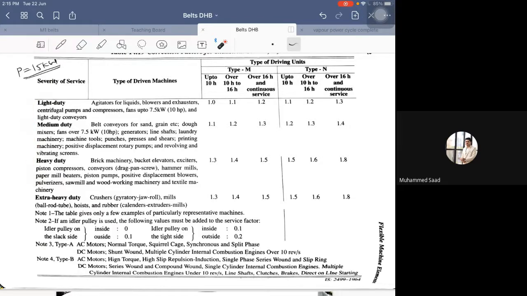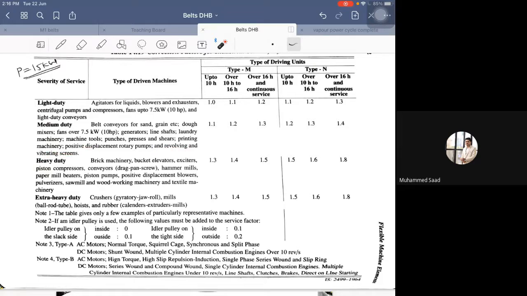Whether the compressor which is given in the problem comes under the light duty, medium duty, heavy duty, or extra heavy duty, in fact. Medium, where you have medium belt conveyors, sand, grain, dome, fans, generators, line shafts, laundry machines, machine tools, punches, presses, shears. Heavy duty. Positive, rotor, revolving, and vibratory screens.